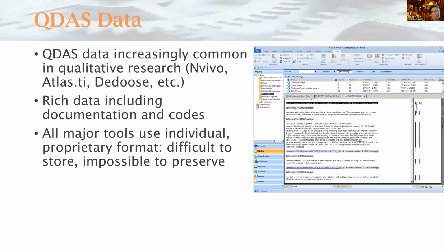It's really rich data, right? You have the underlying data sources, but you also have the way the researchers coded them. You often have additional documentation in the form of memos, say. You have some organizational scheme often embedded in the data. Documents may be tagged. So there's a lot going on here and a lot of rich information, the type of rich information that we love to capture and make available from the archive end.